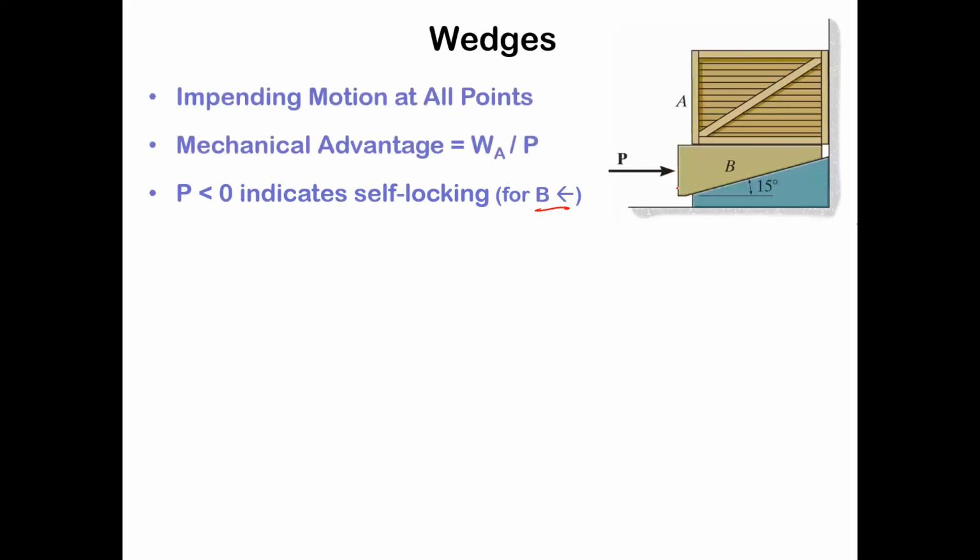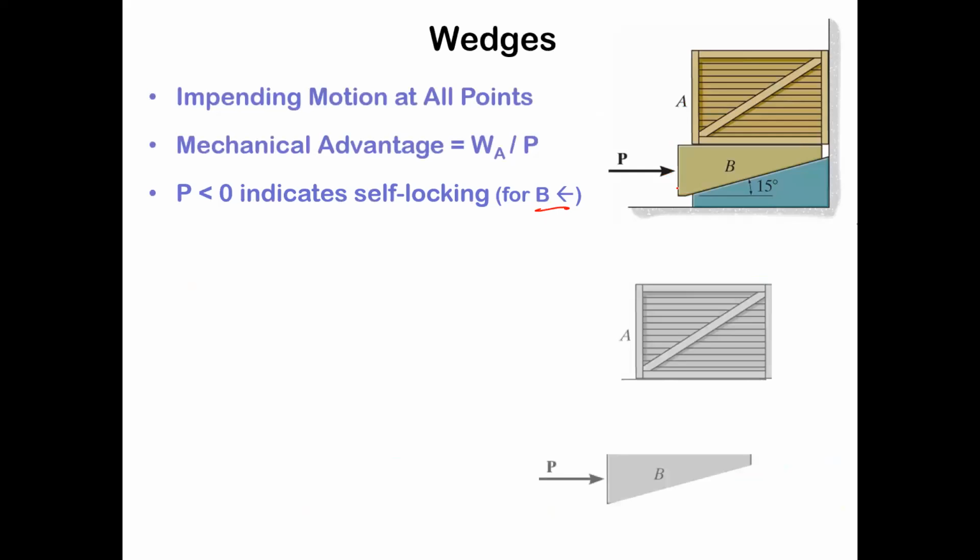If nobody's messing with that system, the wedge is supporting the box as it is without any additional force required, right? And typically what we're doing here, and you've got these things drawn on your handout, we might be asked to find the minimum P needed to keep the crate from sliding down.